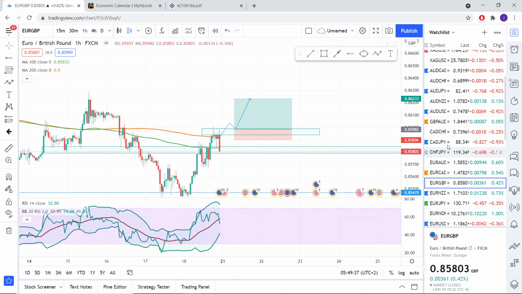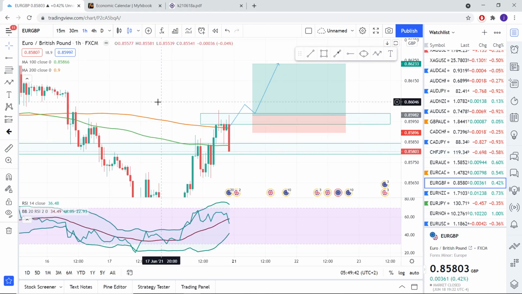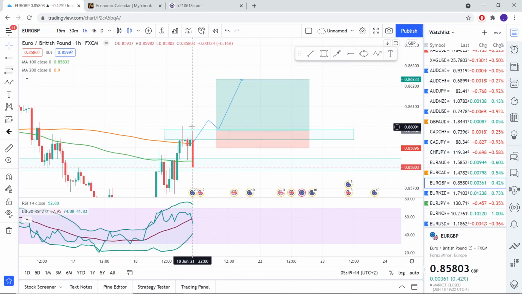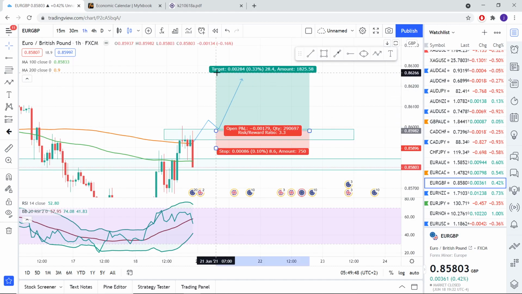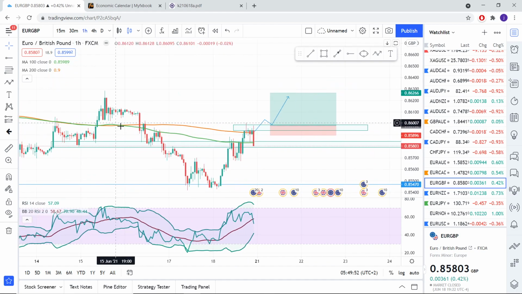Price pulls back into this area, even though the stop loss itself is a little tight. We could have some rejection once this is an established support area for a continuation upwards, maybe a 1 to 3. This is something that could potentially happen. Alright, so I'm marking this as potential trade as well.